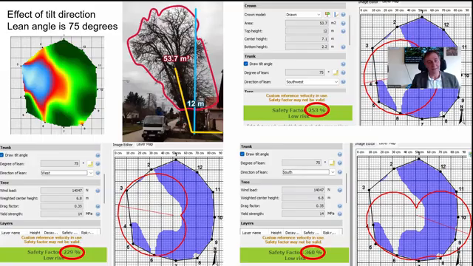So last week we tested a walnut chestnut tree in the south of Hungary just before this snowstorm arrived, and you see that the tree is leaning and suffers a big decay.